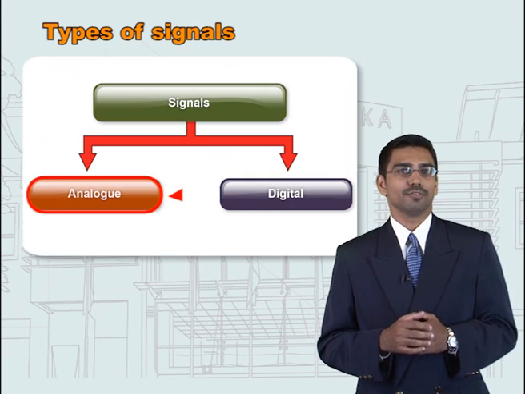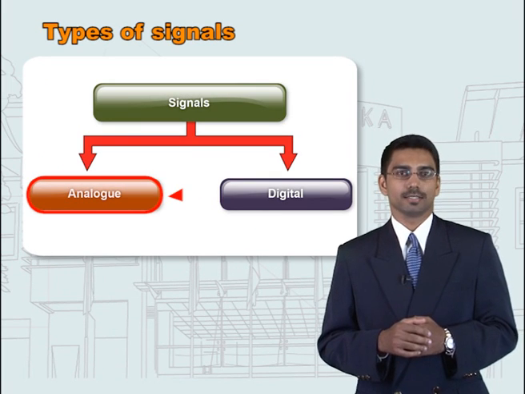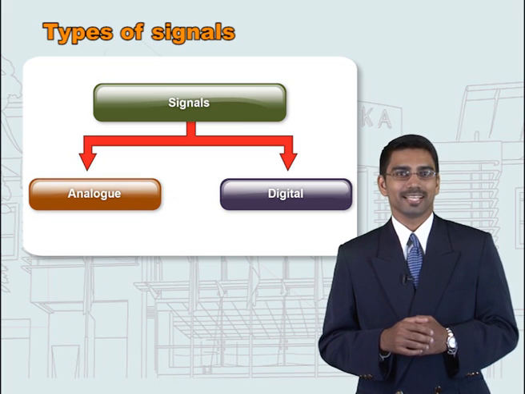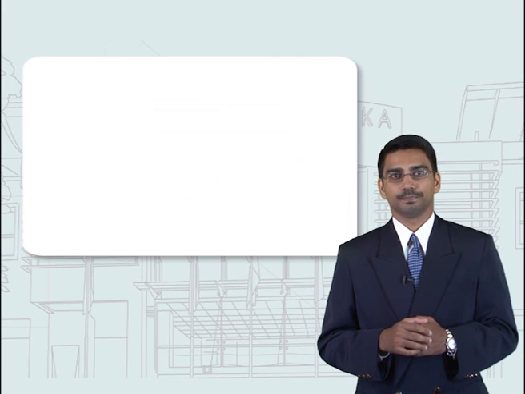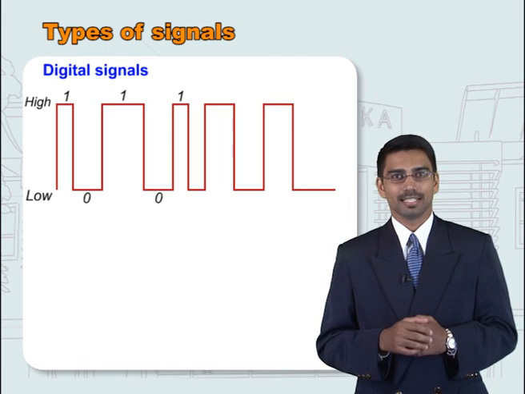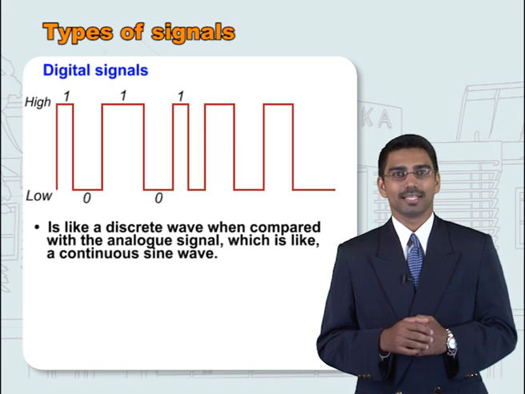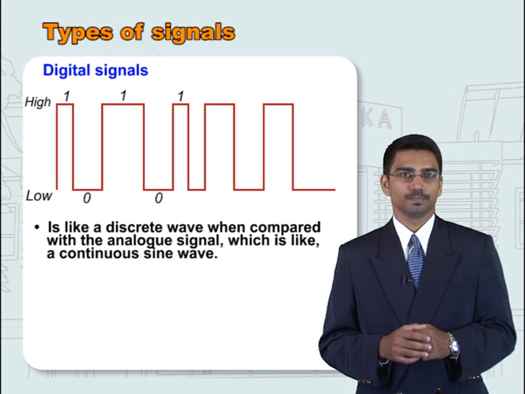We already covered the first form of signals in data communication, which is the analog signals. Now, let's look at the second type of signals, which is the digital signals. Digital signal is like a discrete wave when compared with the analog signal, which is like a continuous sine wave, as I had mentioned before.